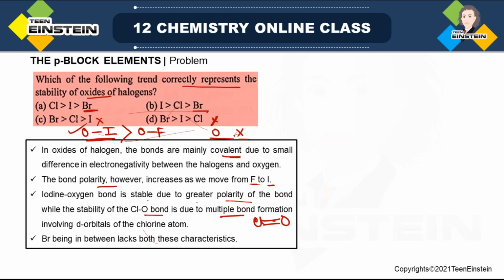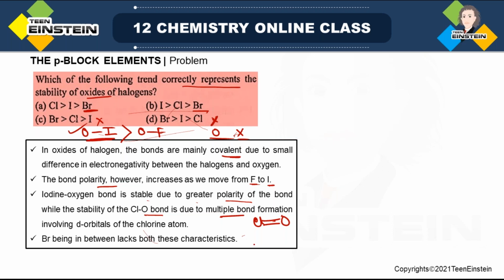Iodine is very large in size, so double bond formation is not possible. So when it is chlorine oxide, the reason for stability is multiple bond formation capacity. But when it is iodine oxide, the reason for stability is maximum bond polarity.